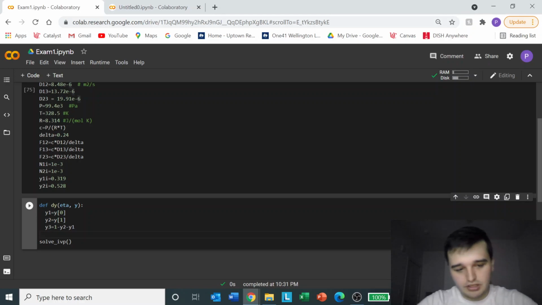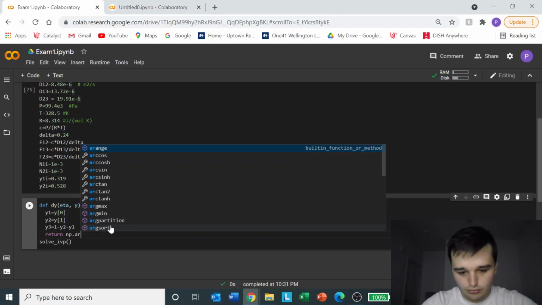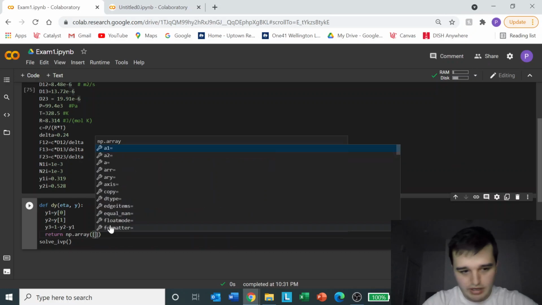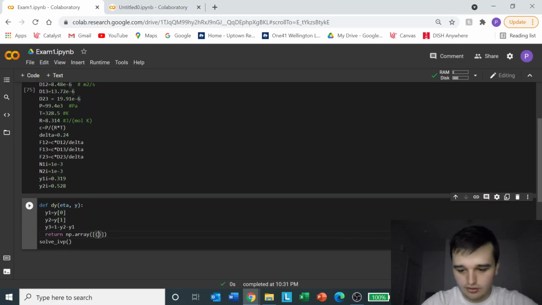So now moving on, we need to return the right side of that system of differential equations. So we need to return an array, return np.array, for numerical Python, and then we need parenthesis, bracket, parenthesis, because we're starting on the top of these.